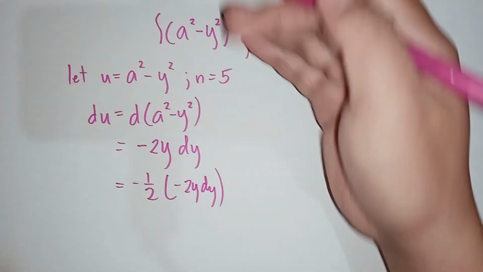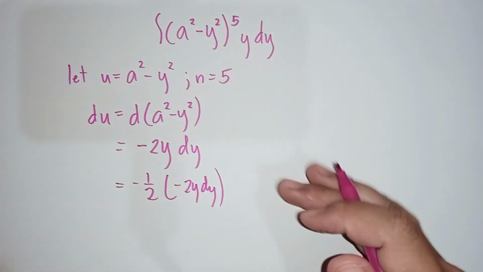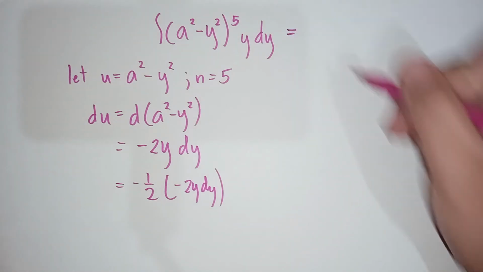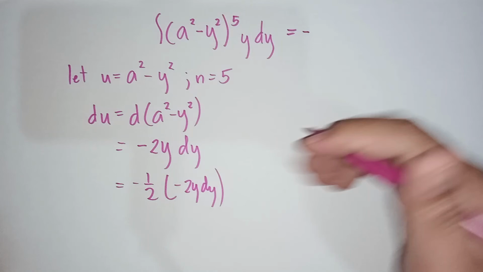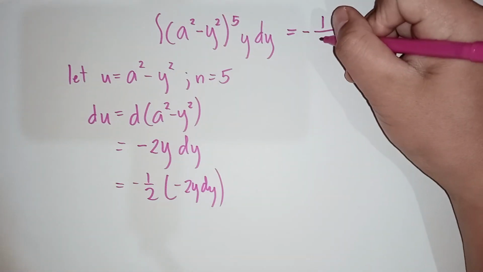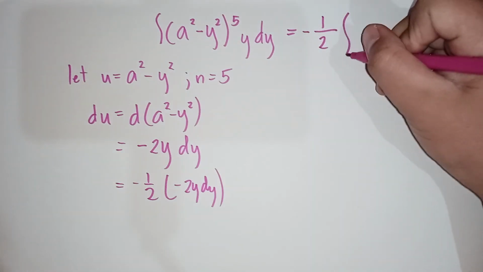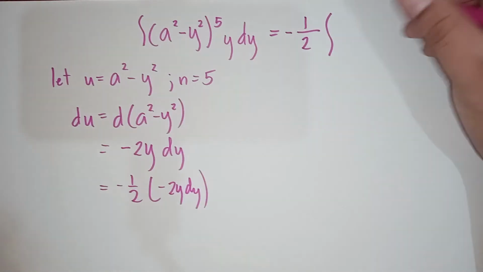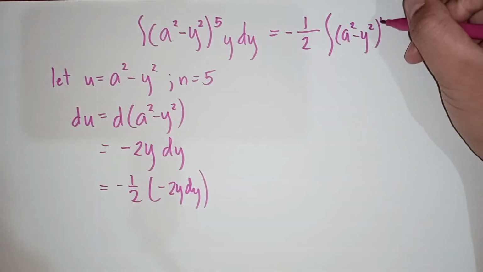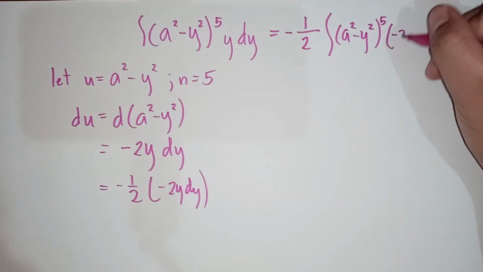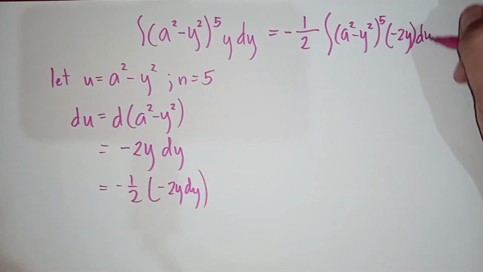So, to balance our equation or our function. So, in other words, we can rewrite our function as negative 1 half integral of a squared minus y squared quantity raised to 5 times negative 2y dy.